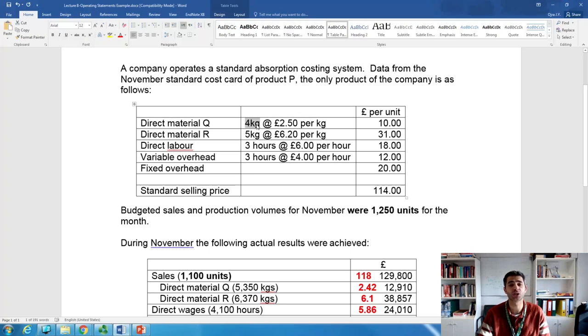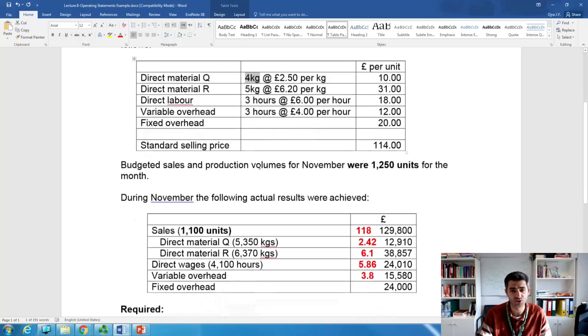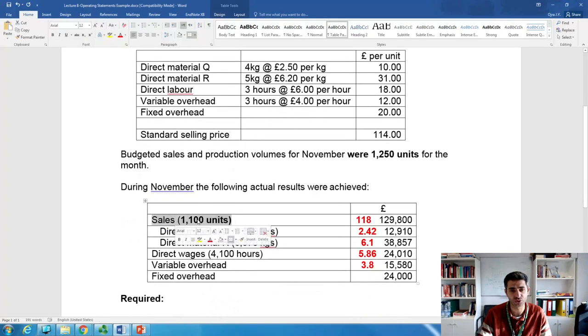In order to calculate the budgeted or standard quantity, you need to multiply by the actual output, or the actual units, which is the 1,100 units.